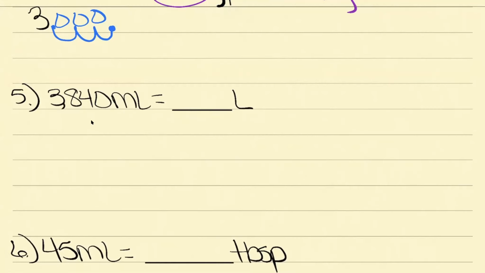3,840 milliliters equals how many liters? So think about conversions that I have that links milliliters and liters. 1 liter is equal to 3,000 milliliters. That's my conversion pair.